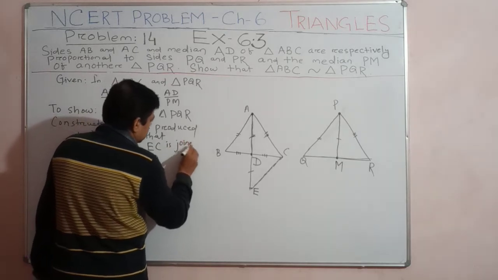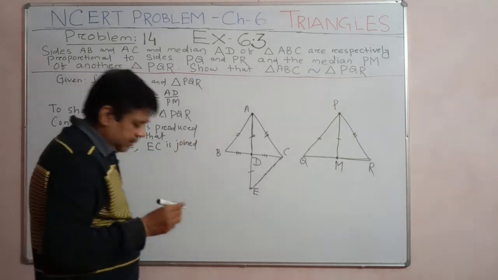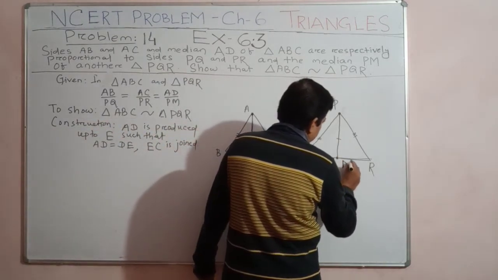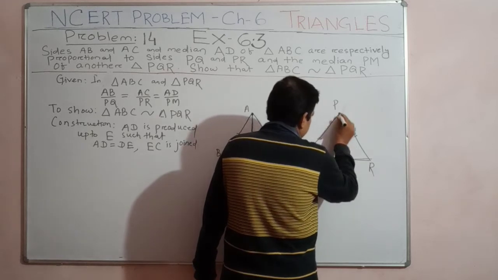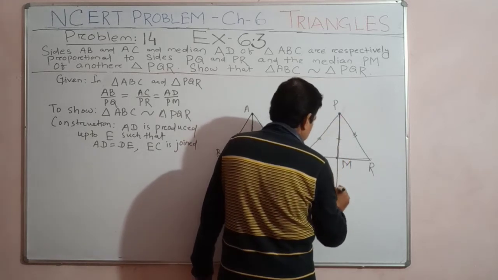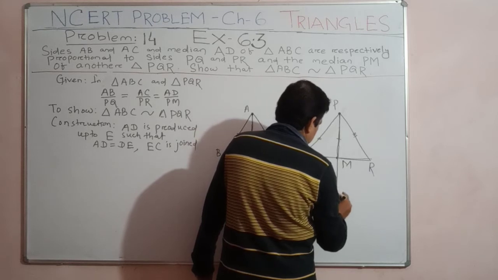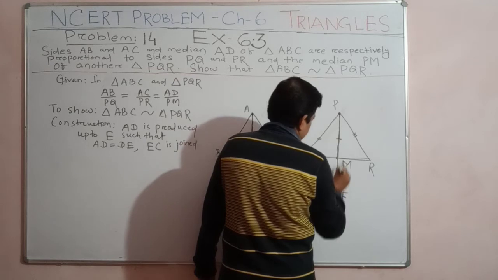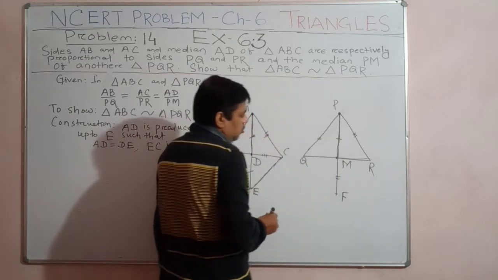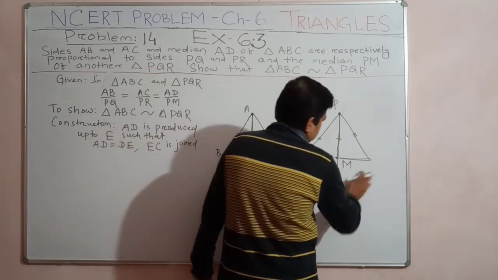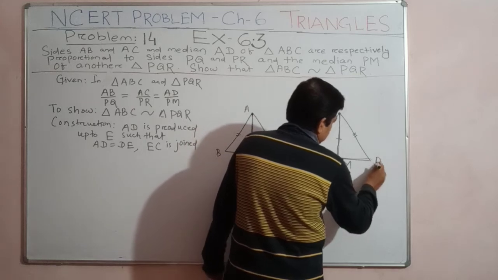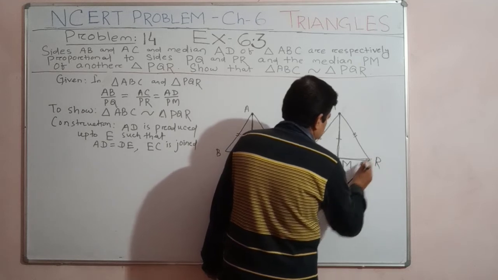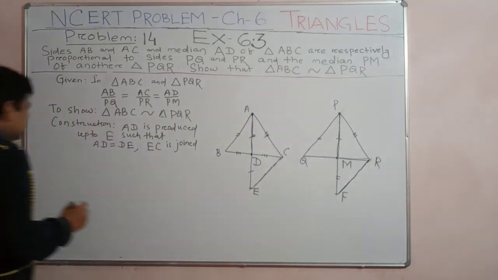Similarly, in triangle PQR, PM is the median and PM is produced up to F, such that PM is equal to MF, and FR is joined. Understand? Okay.